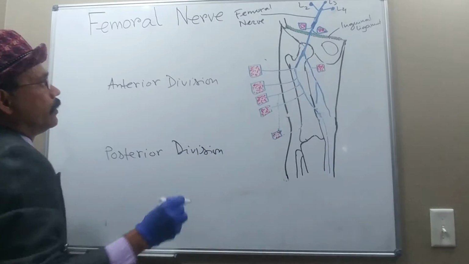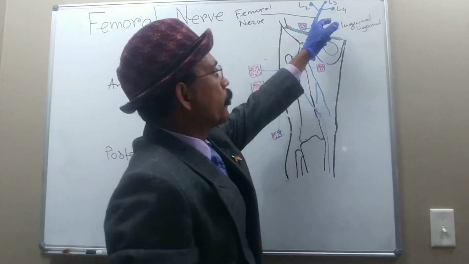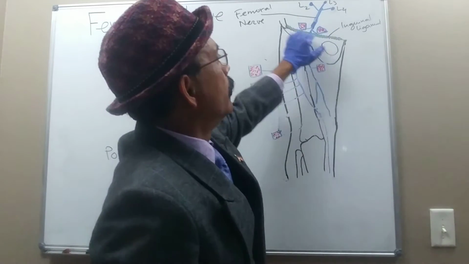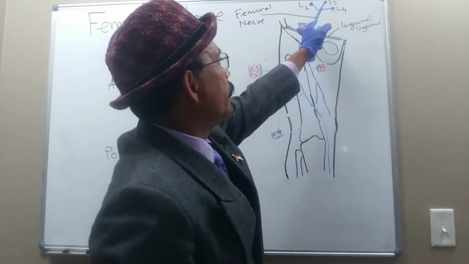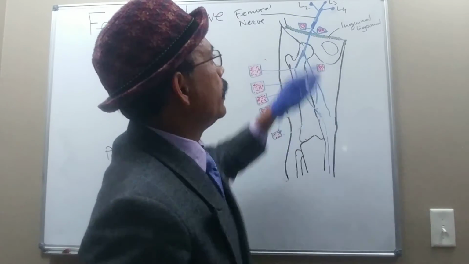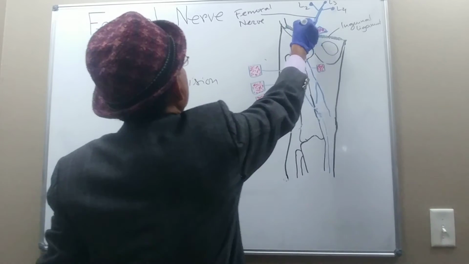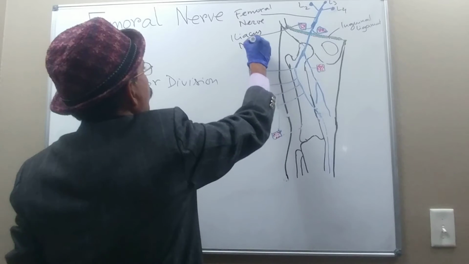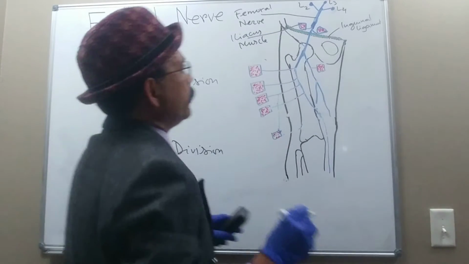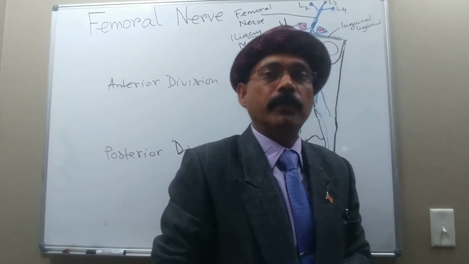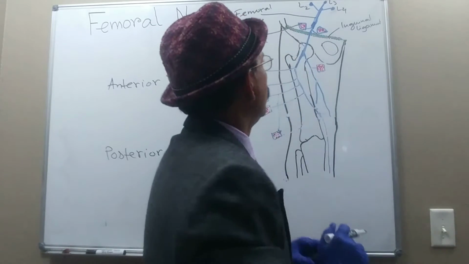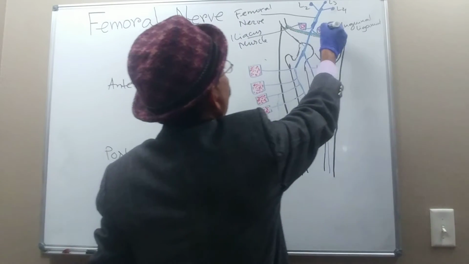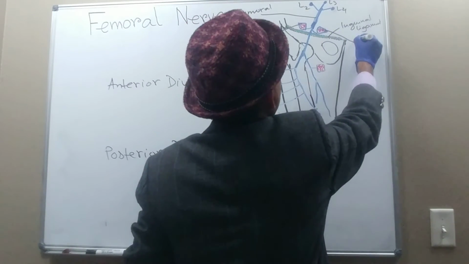Okay. The femoral nerve provides innervation to the iliacus muscle before it enters underneath the inguinal ligament. This is the iliacus muscle. Just above the inguinal ligament, another muscular branch goes to the pectineus muscle.